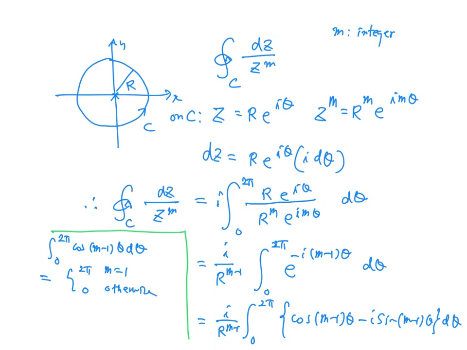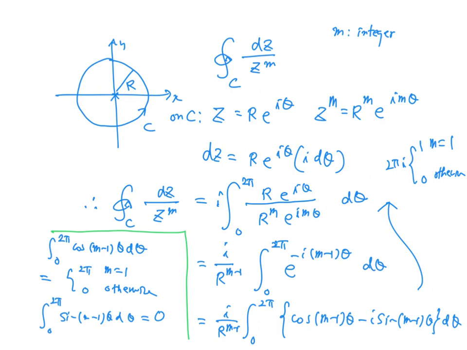On the other hand, the sine part is always 0. So this integral is actually 2 pi i for m equal to minus 1, and 0 otherwise. So this is a very interesting result, right?